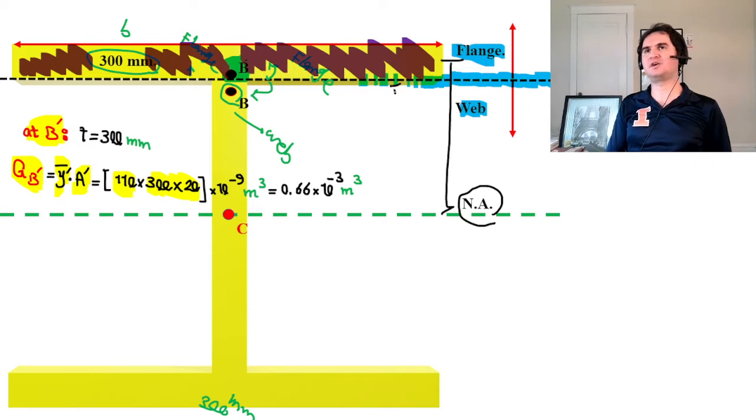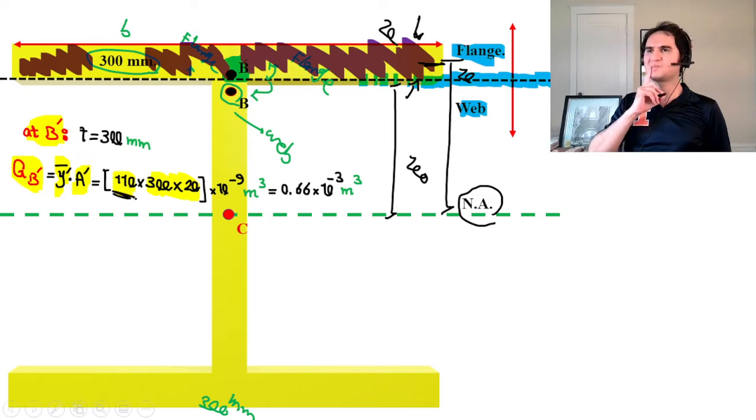So this is 100, this is 20, so the center is just 10, that's 110. And if you do the math, it gives you a numeric value of 0.66 times 10 to the negative 3 meter cubed.